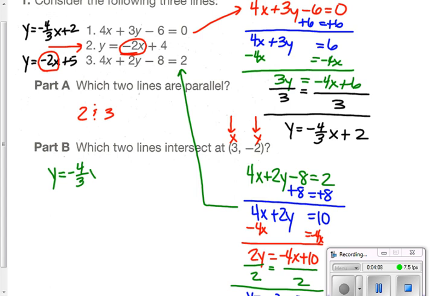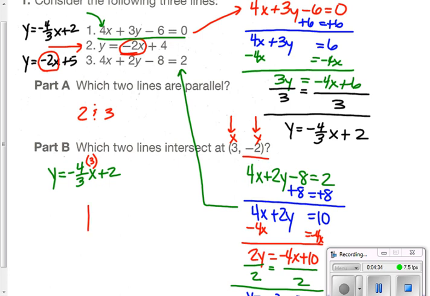You can put it into that, or into the original one that they give us right here. But when you put 3 in for x, you have to get out -2 for y. So I put in 3 for x. Now I have -4/3 times 3 is -4. -4 plus 2 would give me -2, so it checks out.